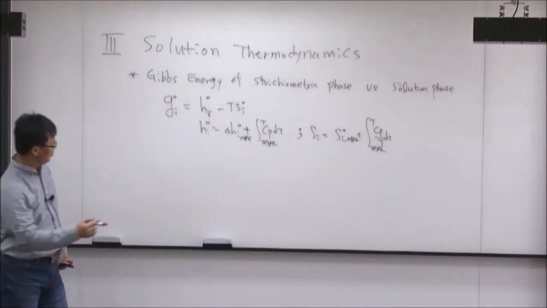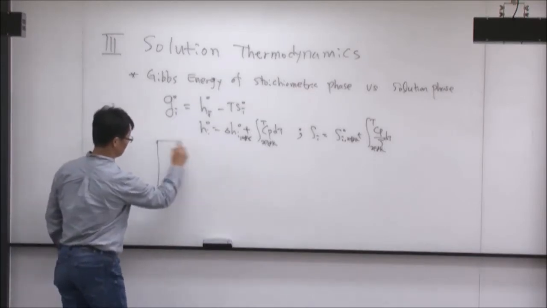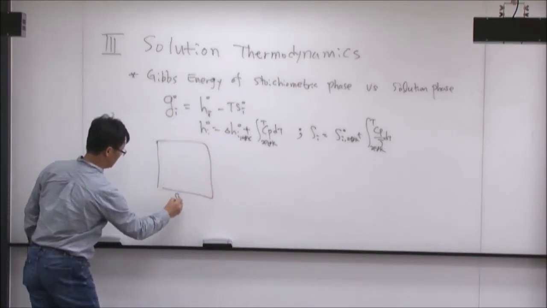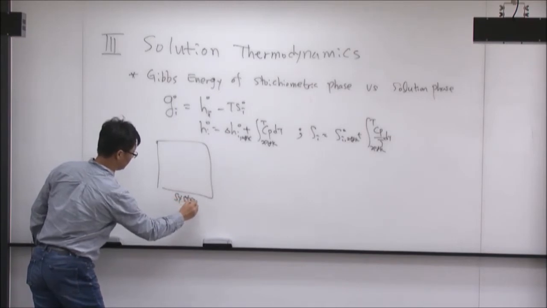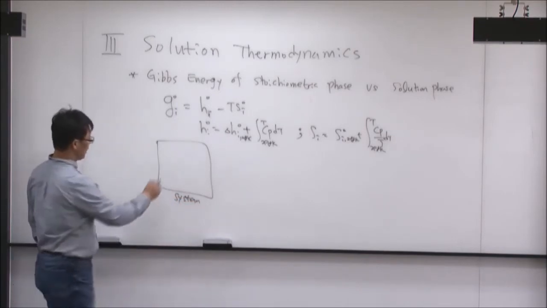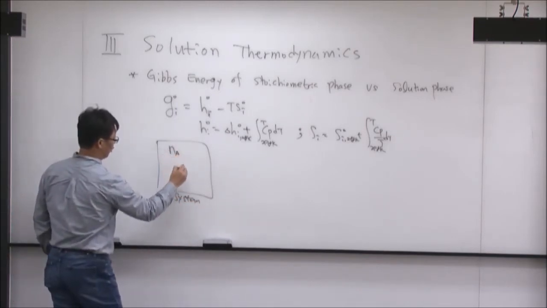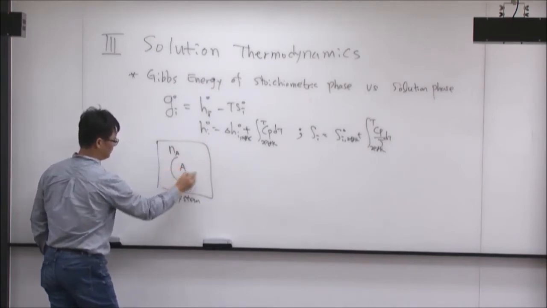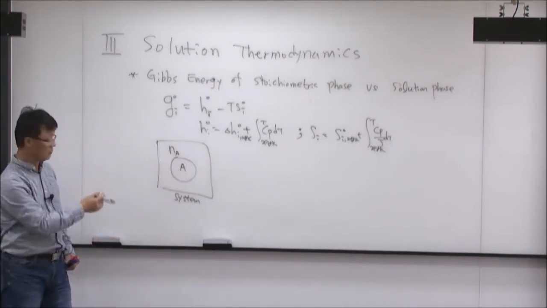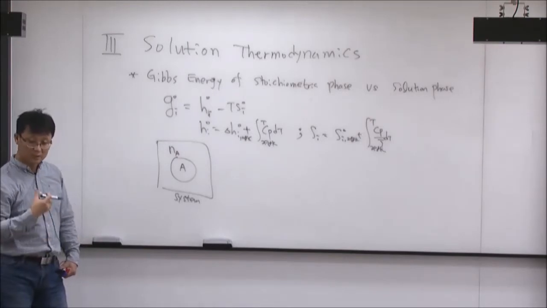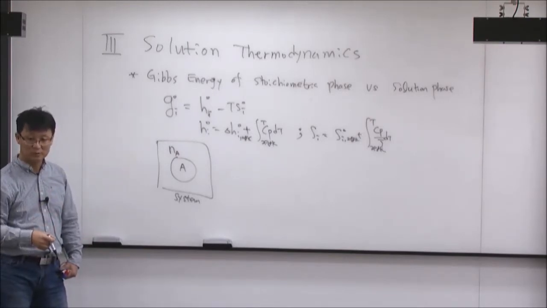So let's assume this is my system. I have N_A moles of A phase. I have A phase only, which has N_A number of moles.